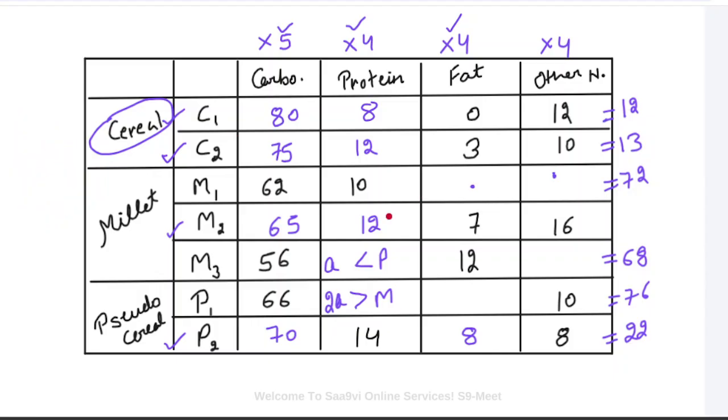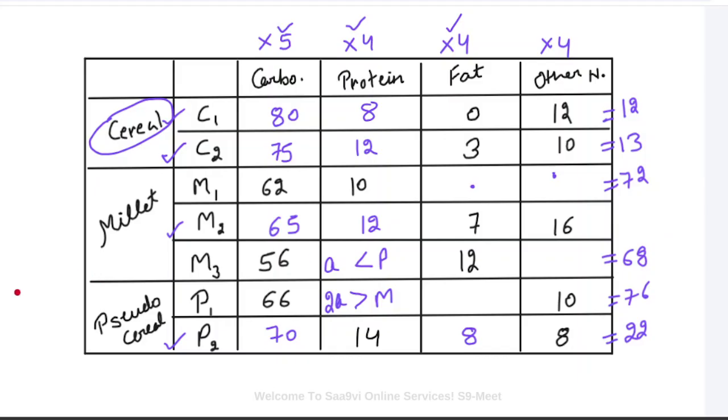Now what else can we solve? Let's check this. This has to be less than A, and the 76 is already done. We are left with 24. Here we have 68, and we are left with 32. And this has to be less than P, that means less than 14 at least. So it can be 12. A can be 12.